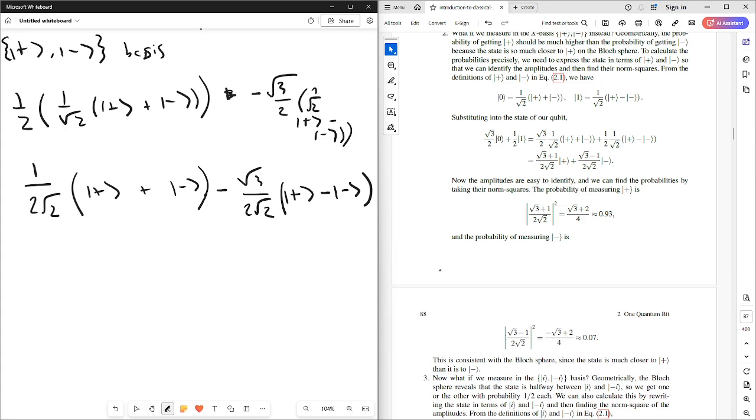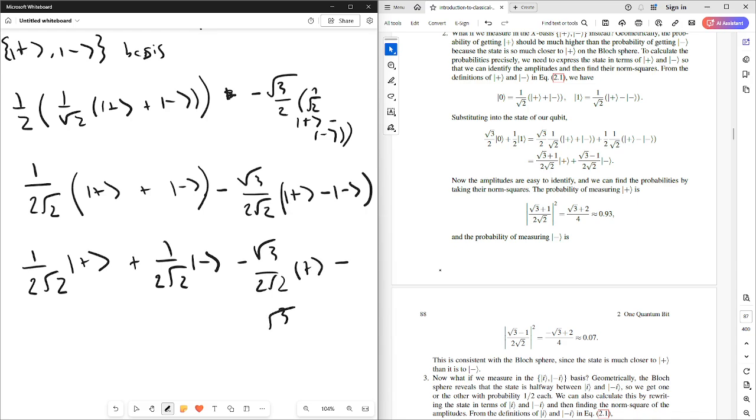Work our way through things here. We wind up with 1 over 2 square roots of 2 in the plus state plus 1 over 2 square roots of 2 in the minus state, minus square root of 3 over 2 square roots of 2 in the plus state, minus square root of 3 over 2 square roots of 2 in the minus state.